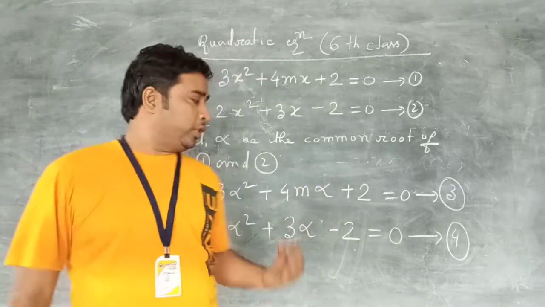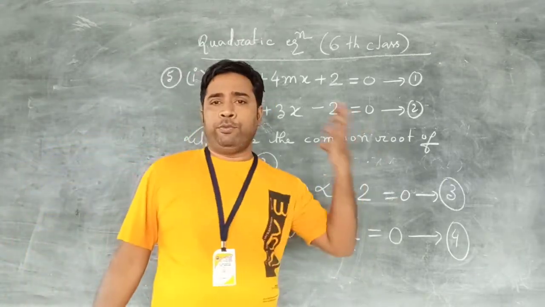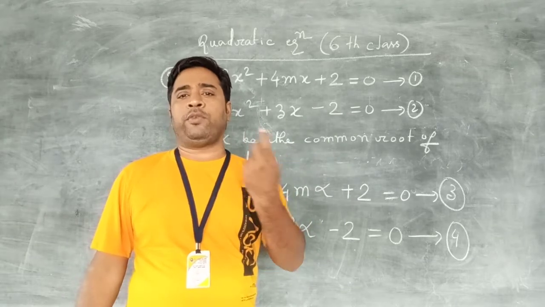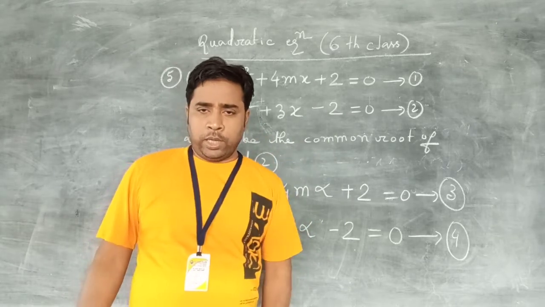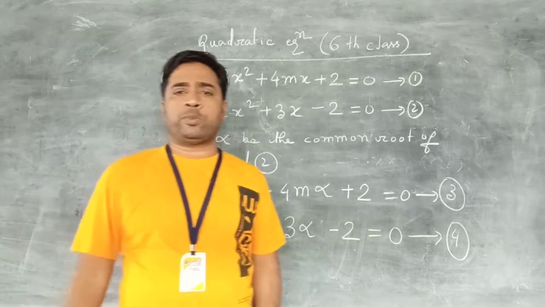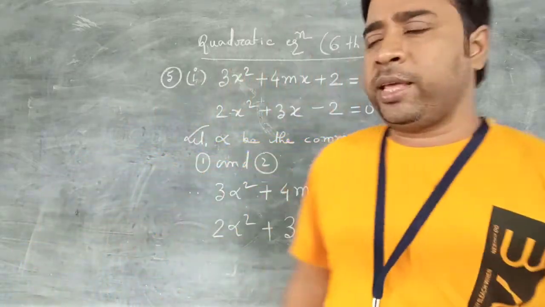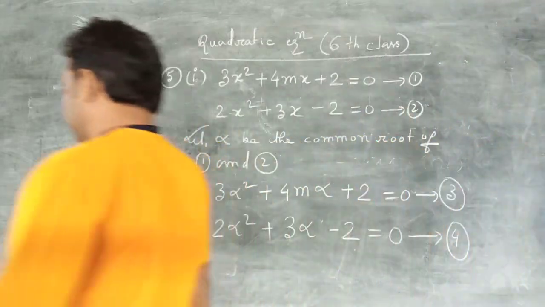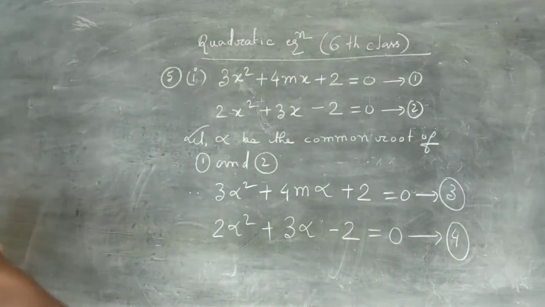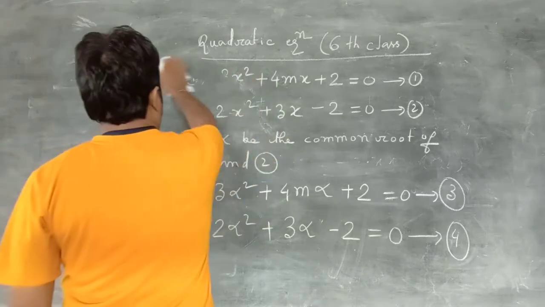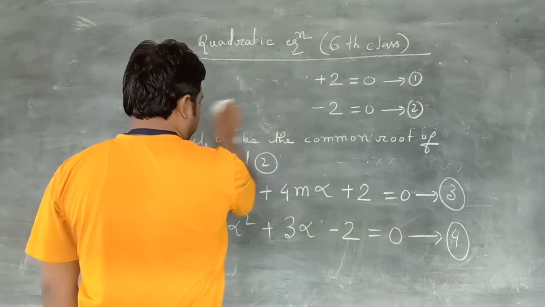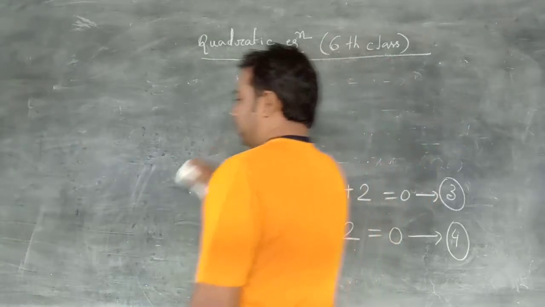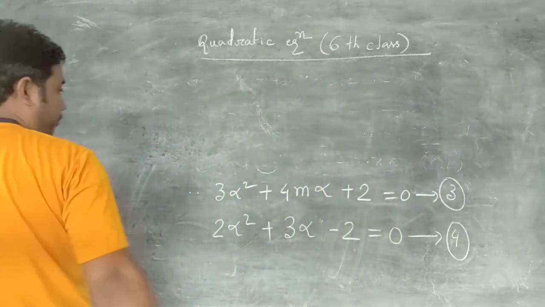If we solve these two equations by the cross multiplication method, we shall get the values. We shall apply the same technique here. Last time also I taught you how to solve two equations using the cross multiplication method. So let us solve for alpha square and alpha.